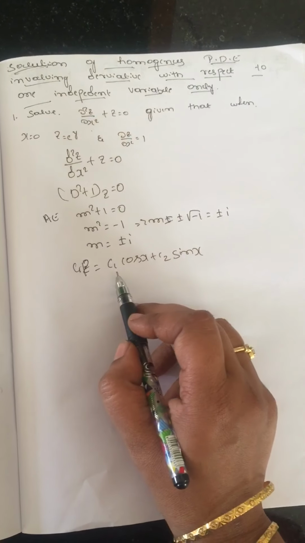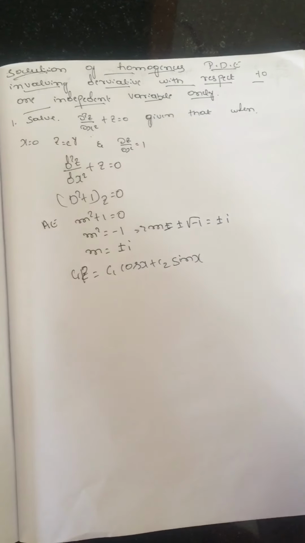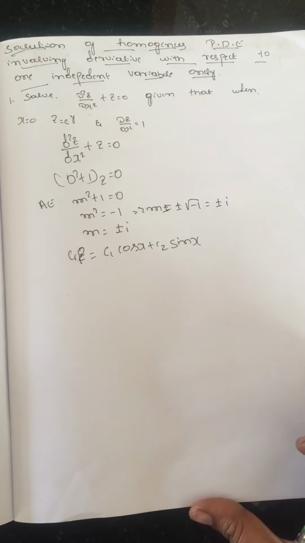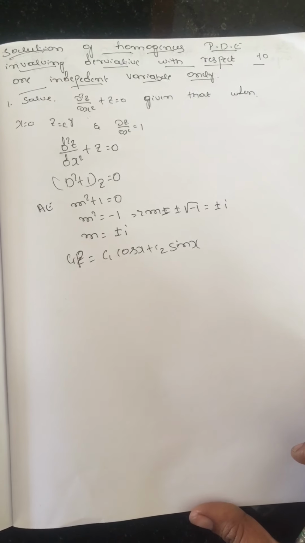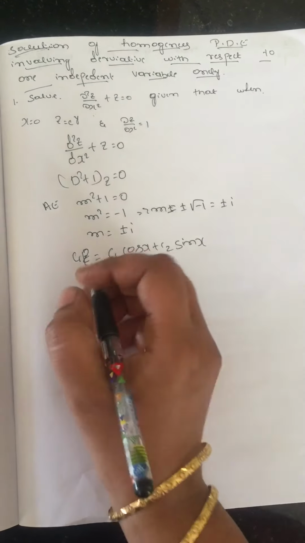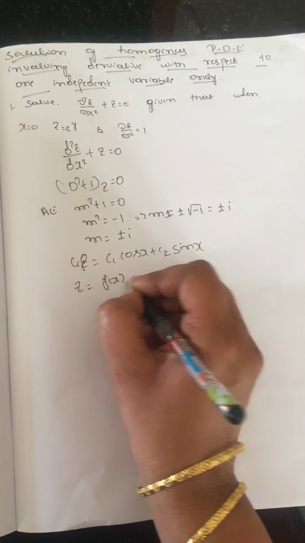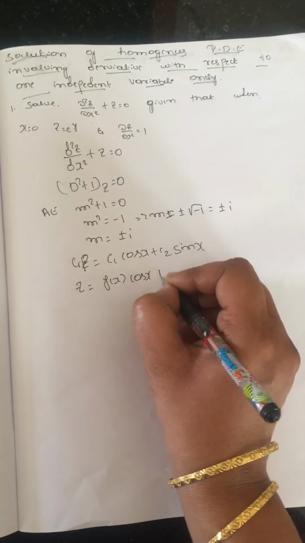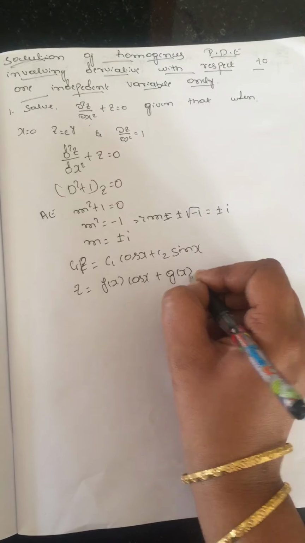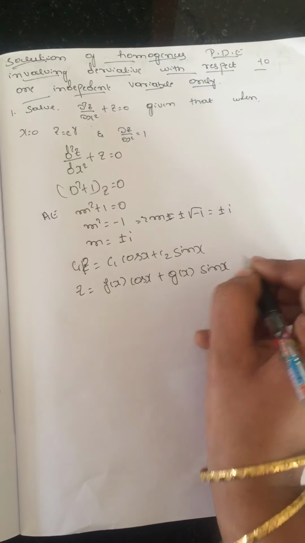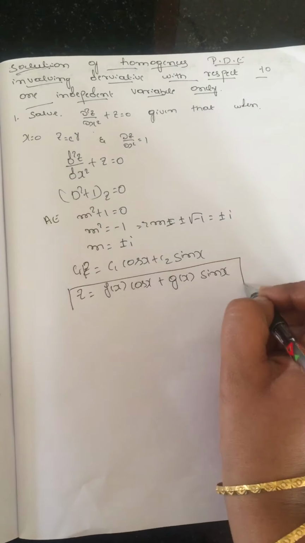Here we would use arbitrary constants C1 and C2, but in this concept, instead of arbitrary constants, we use arbitrary functions with respect to y. Therefore, z is equal to f of y into cos x plus g of y into sin x. Call it equation number 1.